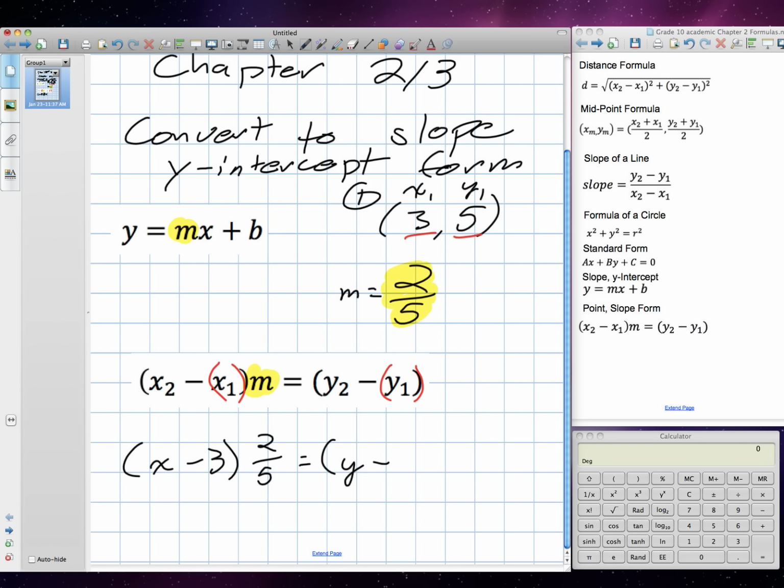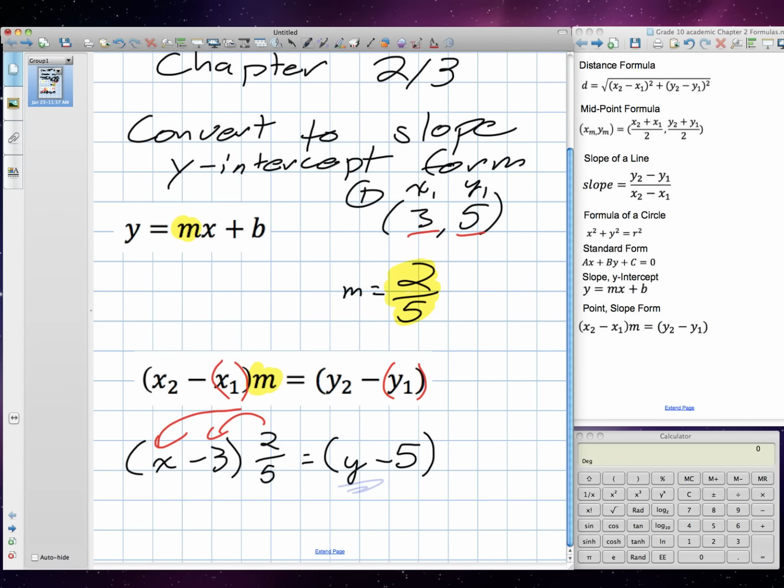Now to get to our y equals mx plus b form, we're going to need to distribute, and we're going to need to set this equation equal to y. So I'm going to use my distributive property and multiply this fraction into here. I'm going to quickly do this. x times 2 over 5 is 2 over 5 times x. Negative 3 times 2 over 5.